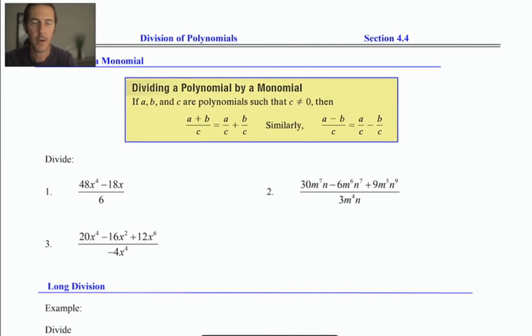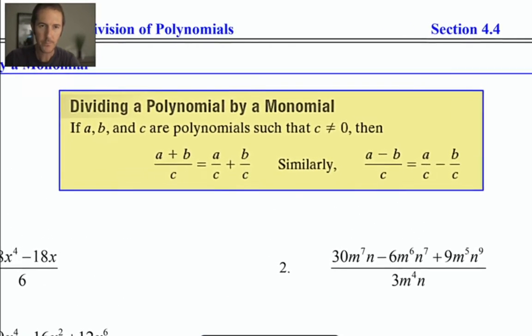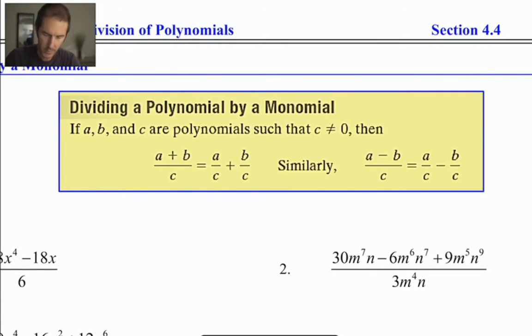And here in this yellow box, you see a very generic version of that. First is a plus b divided by c, and I like to call this the distributive property of division. And indeed, it's kind of a real thing.